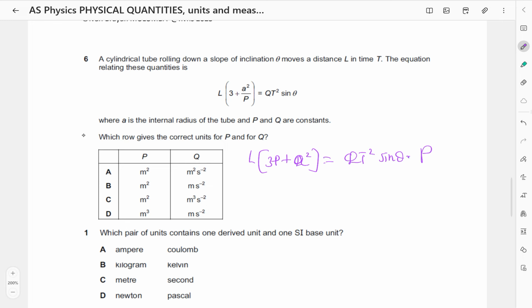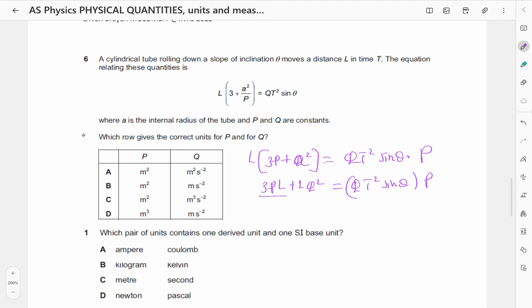So if we expand, this could be 3PL plus La². This should be equal to QT² sin θ.